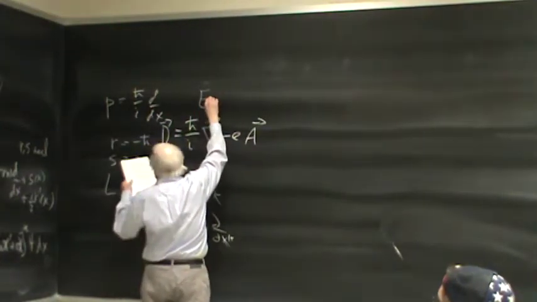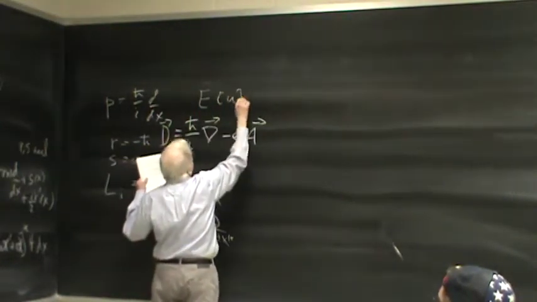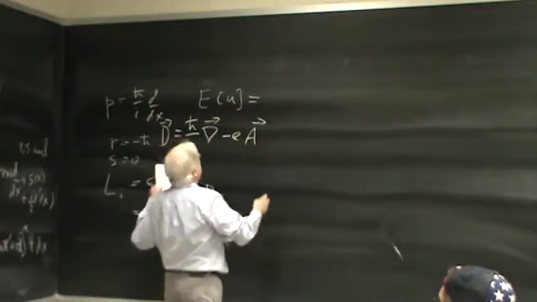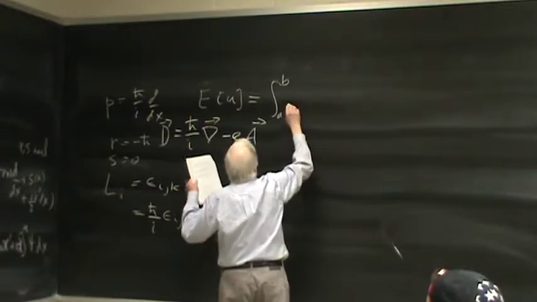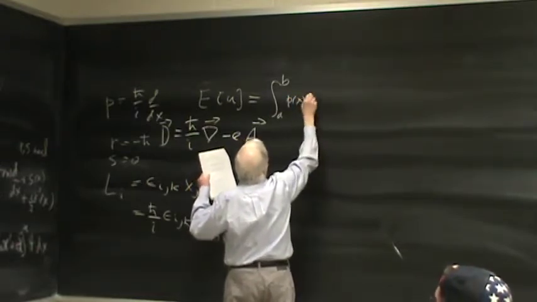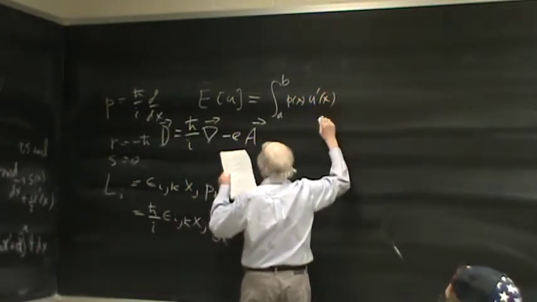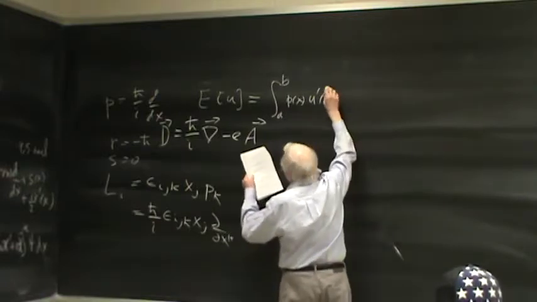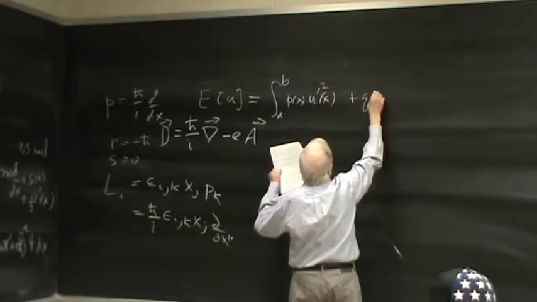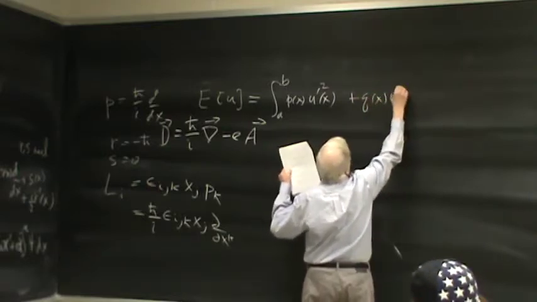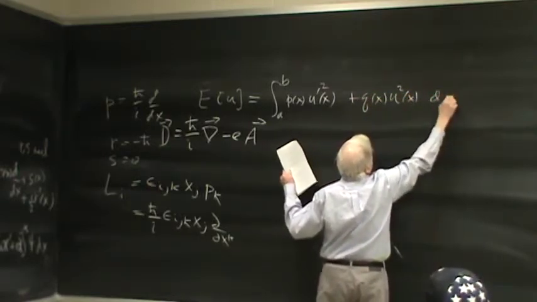And so let's consider a functional E of u. So this is similar to what we've done in the principle of stationary action and so forth. The integral of p of x, u prime squared, prime meaning d by dx, plus q of x, u squared of x, dx.